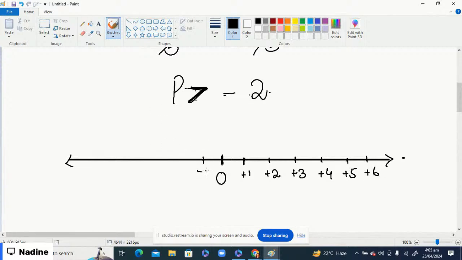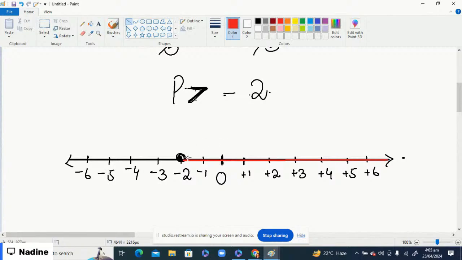There is negative 2 here, and p is greater than negative 2, it means that p moves in the right side because it's greater.